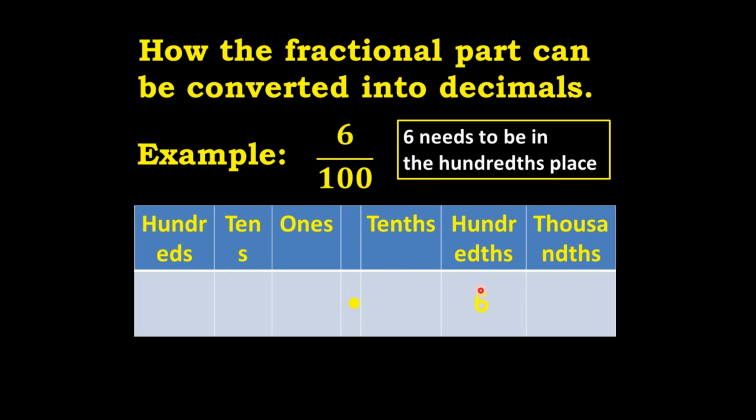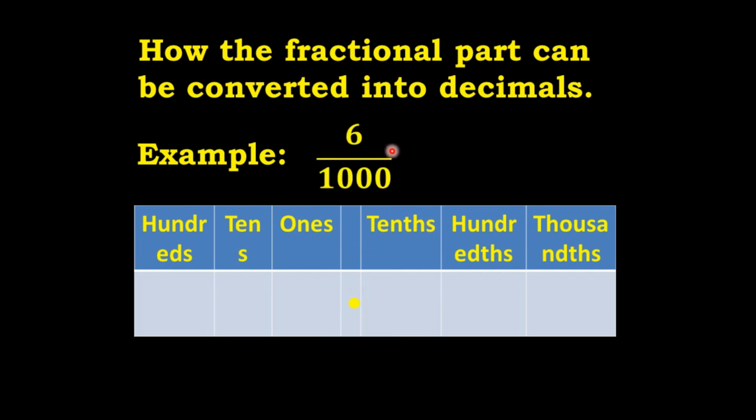Now, since we do not have any digit to be placed in here, what we need to do is add 0. This is very important. I want you to take note of this, guys. So meaning, the decimal form of 6 over 100 is 0.06. This is now our answer.